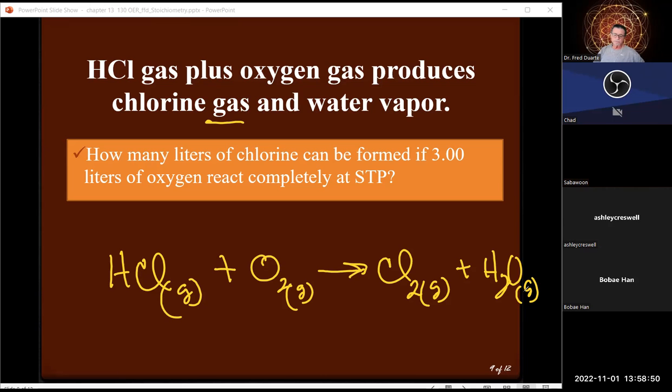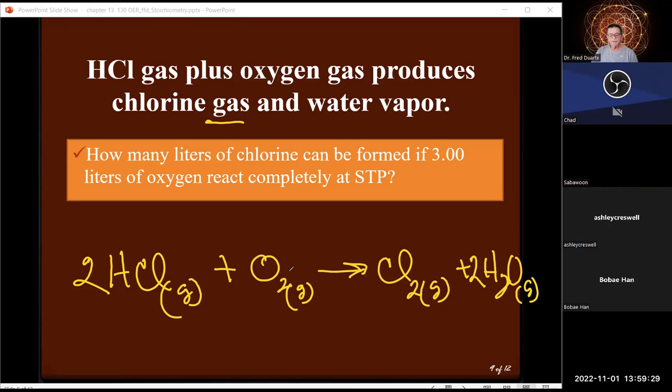So now we need to balance it. Well, let's see, we've got two hydrogens on the right, one on the left. What if I put a 2 in front of HCl? That balances out my hydrogen, but my oxygens get a little bit whacked out. So what if I put a 2 in front of my H2O?